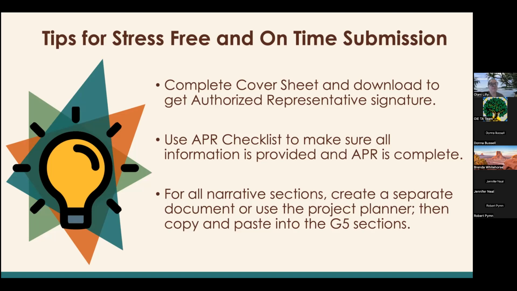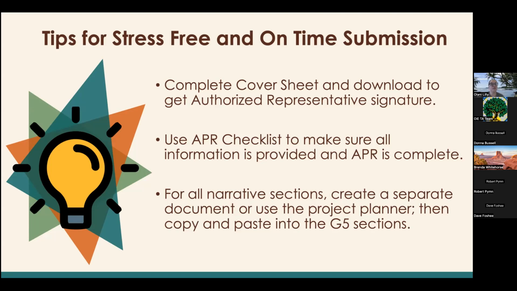Also, you want to utilize that APR checklist to make sure all of the information is provided and that the APR is complete. And here's a key hint that is very helpful and definitely reduces stress in completing your APR: for all of the narrative sections, create a separate document to draft, revise, and finalize your narrative, and then copy and paste that into the document in G5.